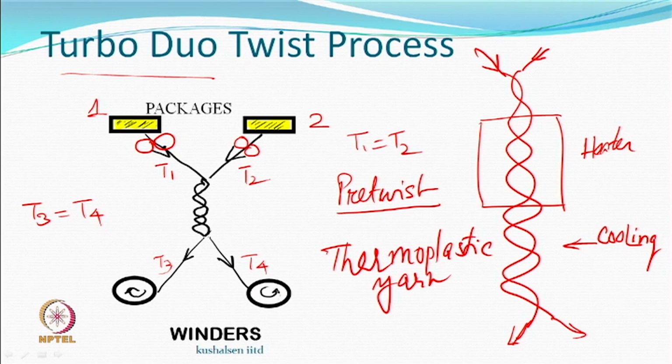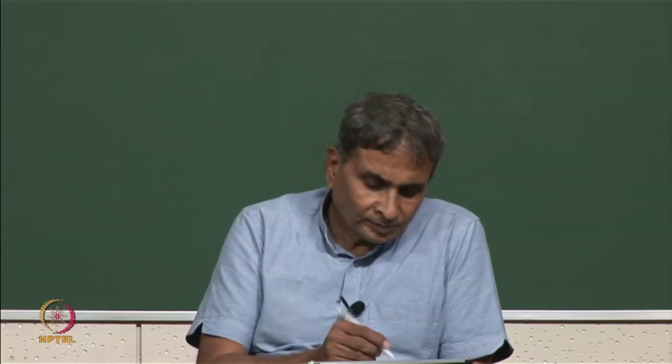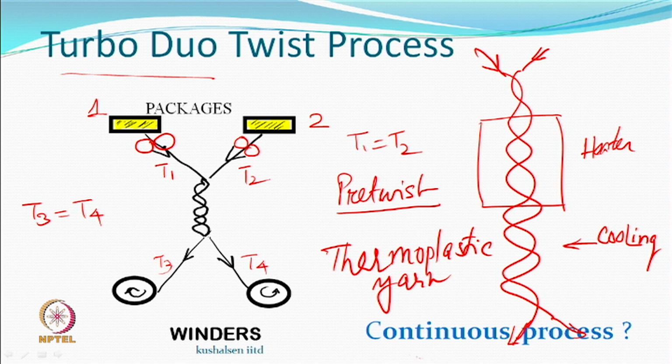And of course, you wind them, and this wound yarn should be a textured yarn, because what have you done? You have twisted, you have heated, right, and also you have cooled. So, it should be meeting all your requirements. Is that a continuous process?